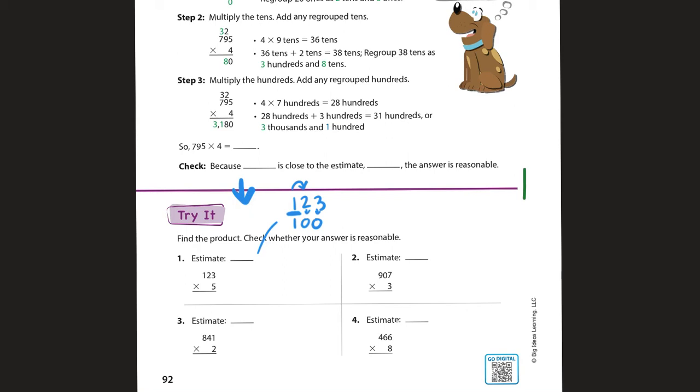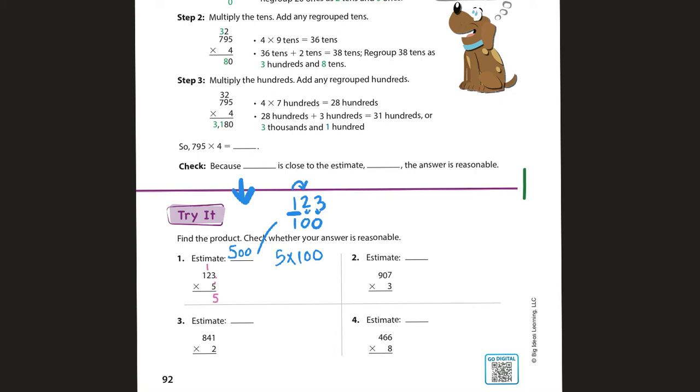So now that we rounded 123 to 100, we need to find the estimate by multiplying 5 times 100. 5 times 100 equals 500. So now let's find the exact answer. 5 times 3 is 15.